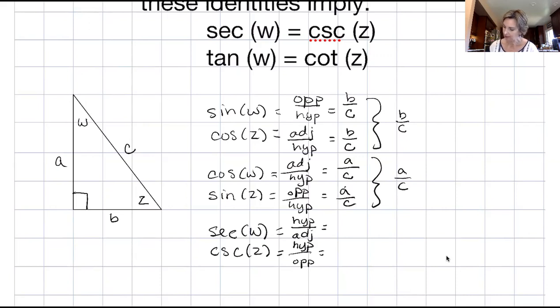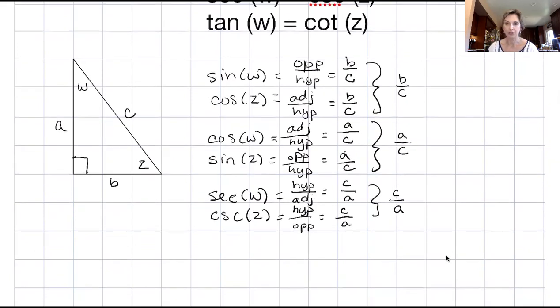Okay, so the hypotenuse is C. Adjacent to angle W is A, and opposite angle Z is A. Those are both equal to C over A. So that statement is indeed true.